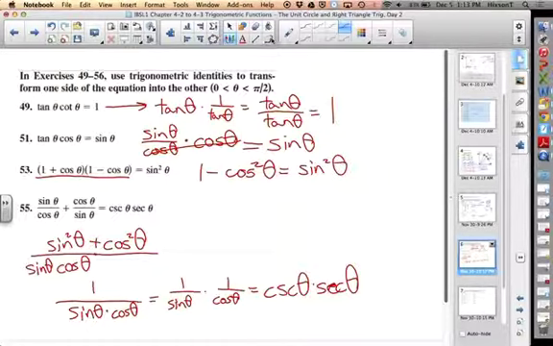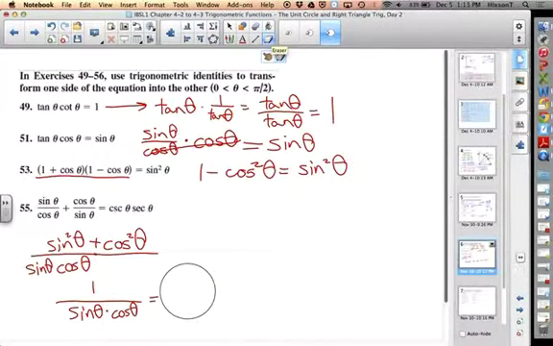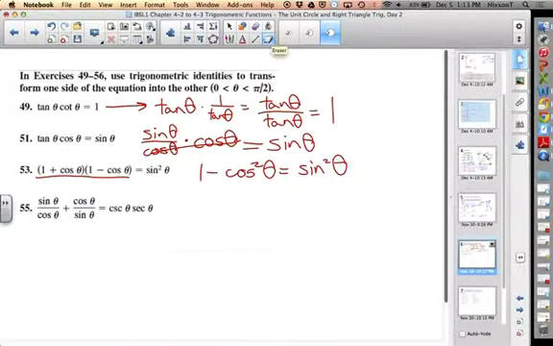This I did want to make sure we touched on here. I'll show you the first three and then we'll actually do the last one. Trig proofs are kind of fun, I think. I like trig proofs. It says use the trig identities to transform one side of the equation into the other.